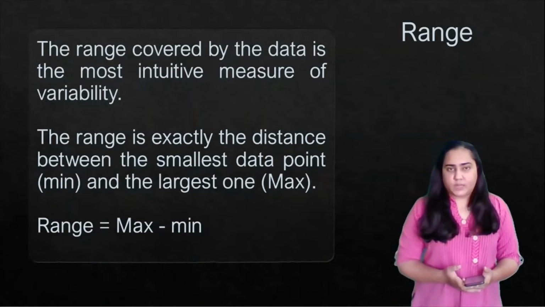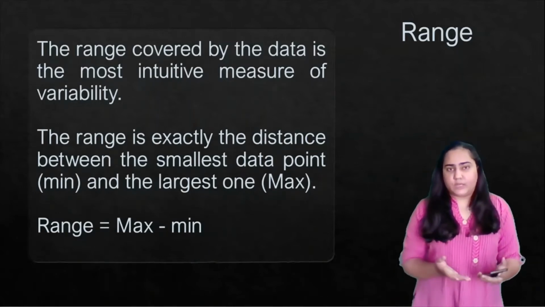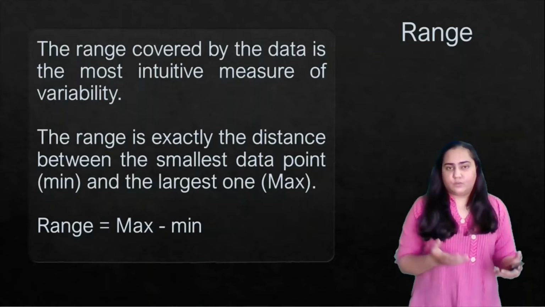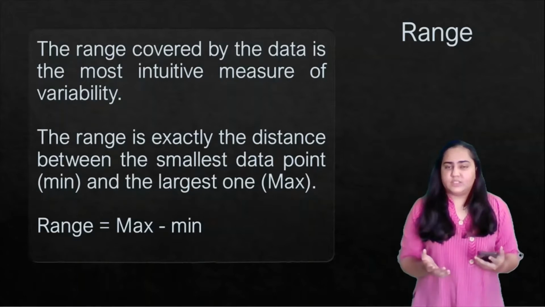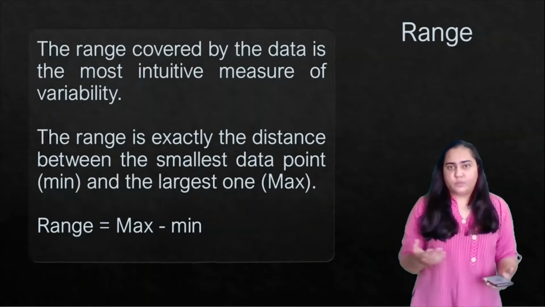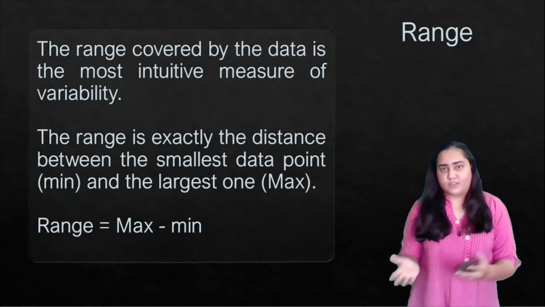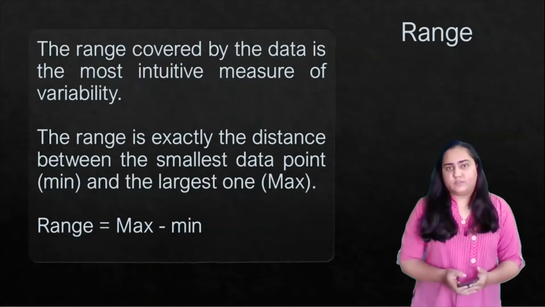And once you have found that, you just calculate range is equal to maximum minus minimum. So just subtracting the minimum value from the maximum value would give you the range.